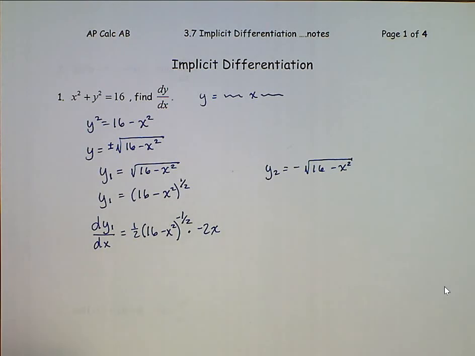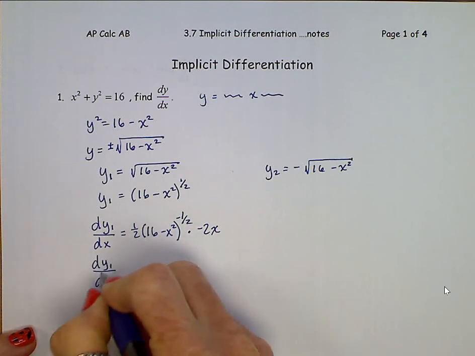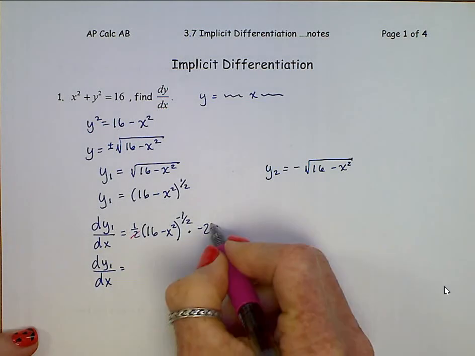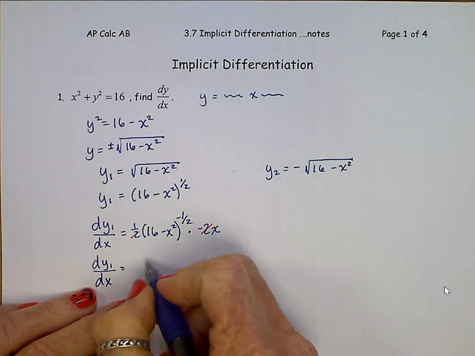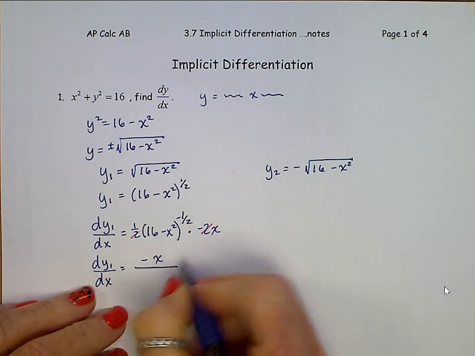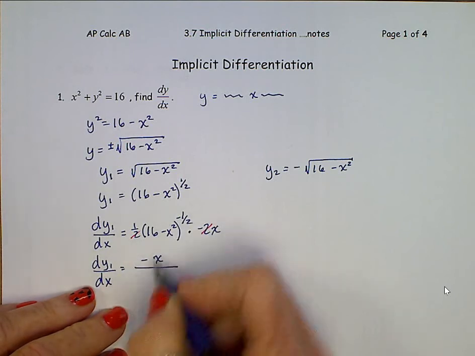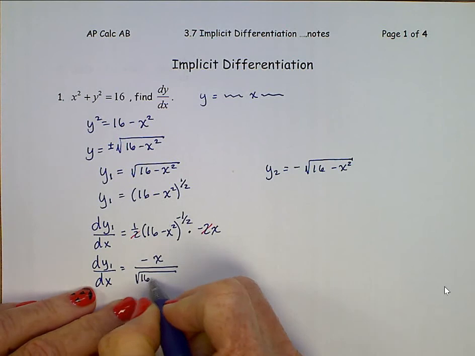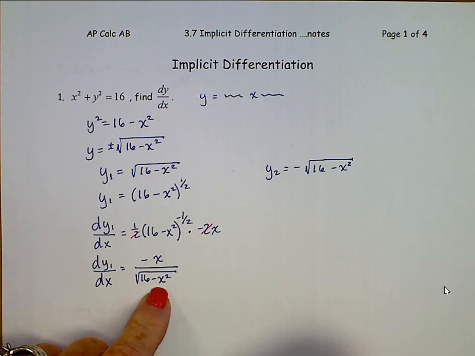When we go through to simplify this, clean this up a bit, we see this 2 and this negative 2 divide out, and we are left with negative x over, and let's take this half exponent, which is negative, and move it back to the bottom, and flip it back to the square root of 16 minus x squared.